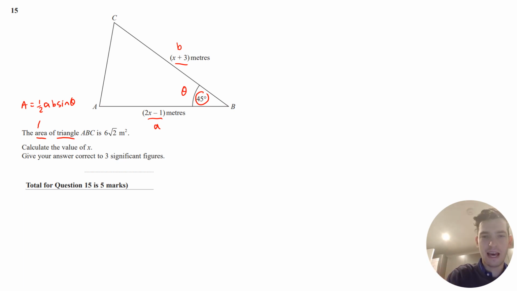So let's write down the area, which is a half A B sine 45 equals 6 root 2. And now let's find out what sine 45 is. So sine 45, let's rewrite this.